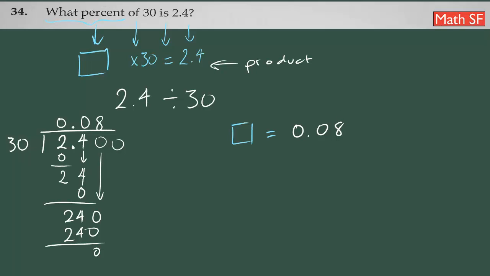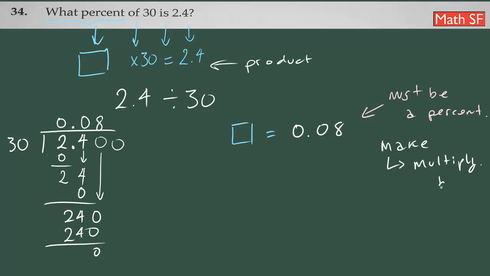They asked you to find what percent. So it means that this number here must be a percent. Therefore, let's convert this to a percent. So how do I make this a percent? To make a percent, we're going to multiply by 100.